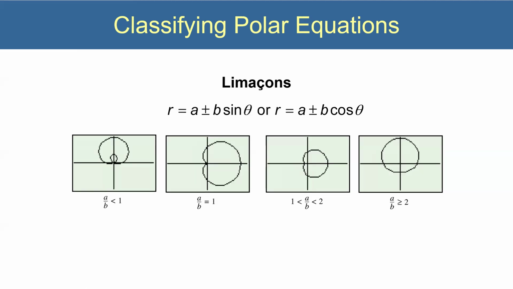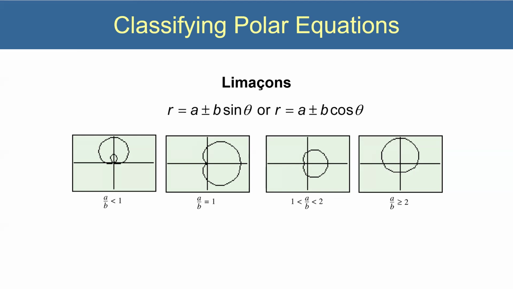Okay, so let's dive a little bit more into our limaçons, which are also called cardioids. They can be called cardioids or limaçons, they're the same thing. Someone said it helps to think that they look like a lemon.